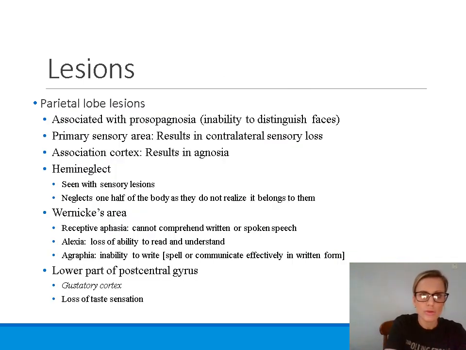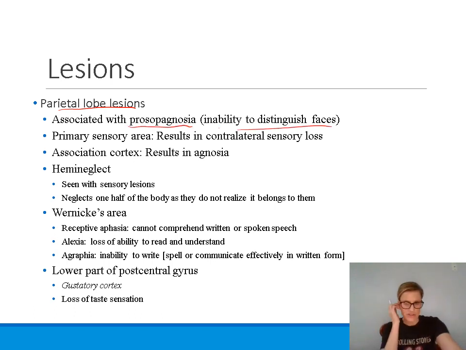Okay, parietal lobe lesions can be associated with prosopagnosia, which is the inability to distinguish faces. This is also seen, though, or probably more seen with temporal lobe lesions. There's a gyrus called the fusiform gyrus, which is utilized for facial recognition, and that goes from the temporal lobe back to the occipital lobe.